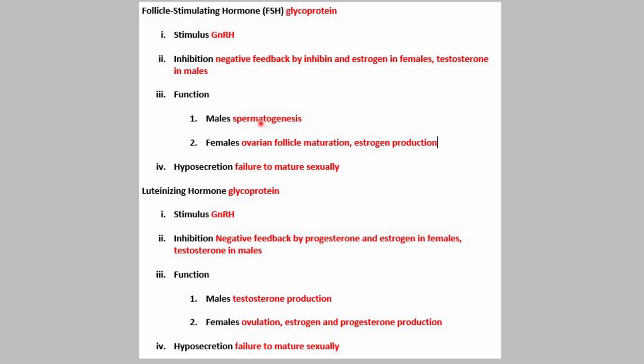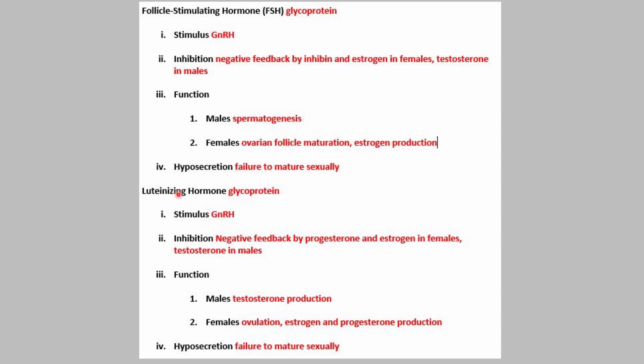In males, it stimulates spermatogenesis, the formation of sperm cells. In females, FSH stimulates the ovarian follicles to mature, and it stimulates the production of estrogen from the ovaries. Hyposecretion of FSH causes failure to sexually mature.